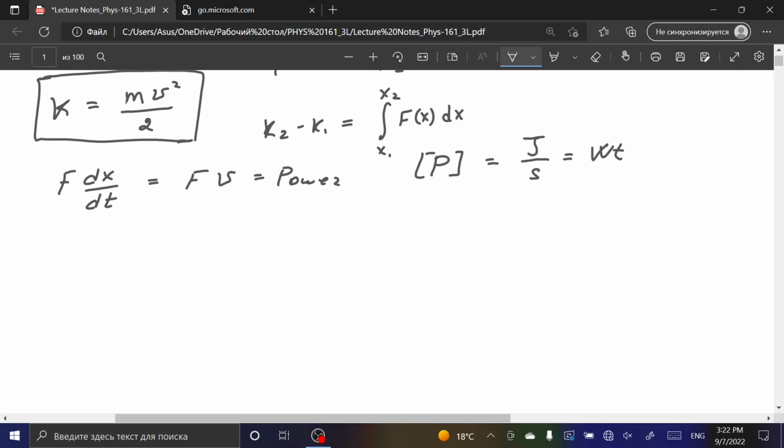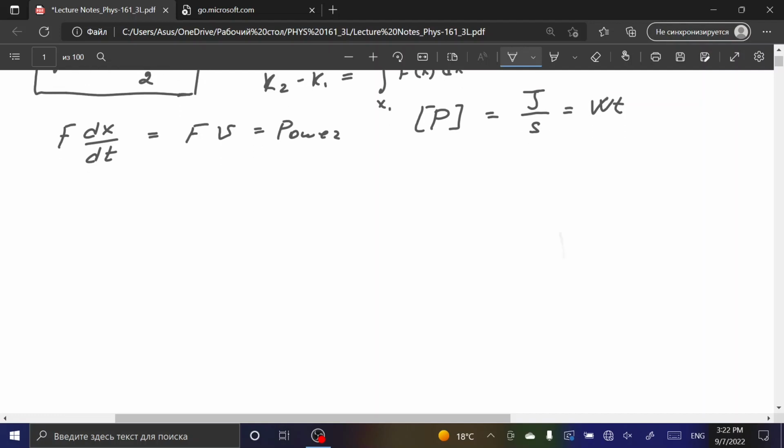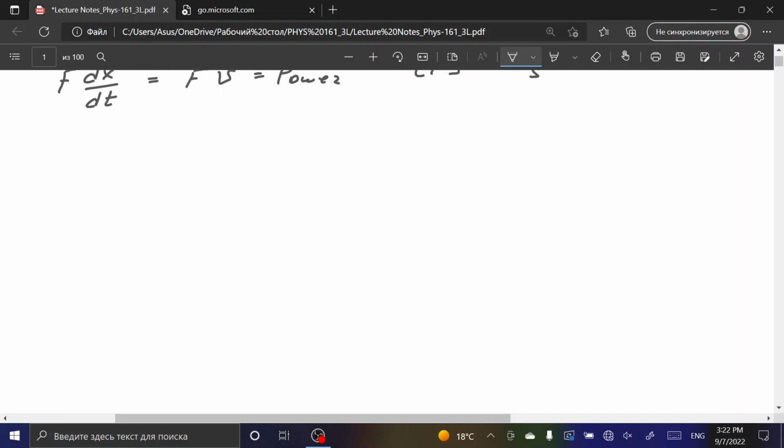So let us consider such a system. First of all, let's define the axis. This will be some axis y, which goes vertically.